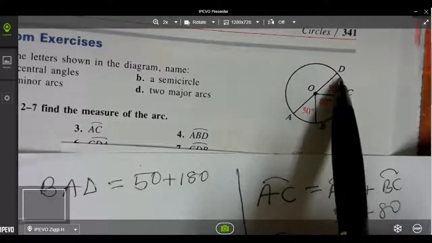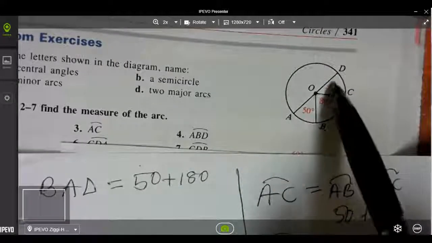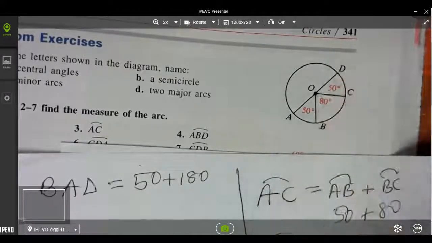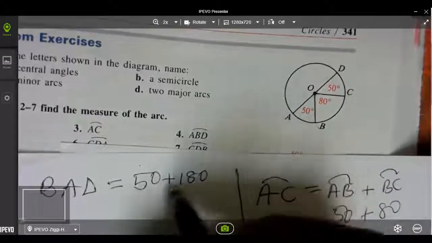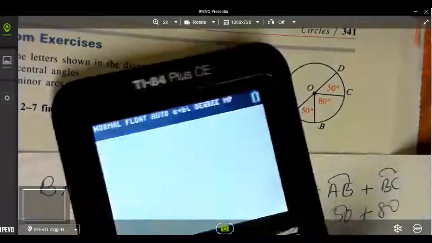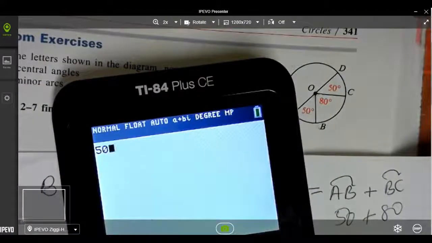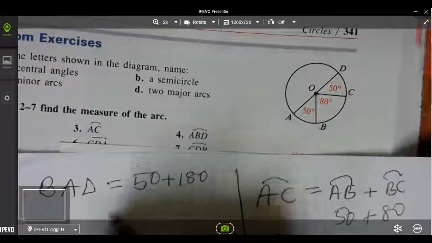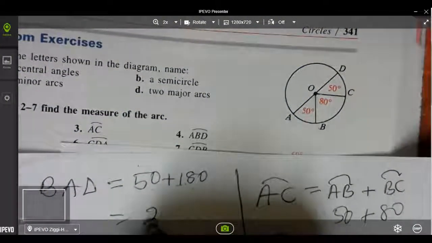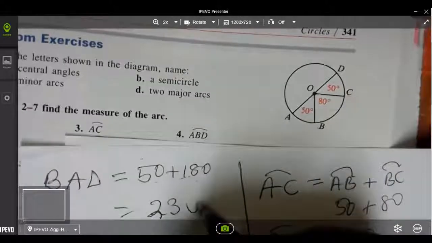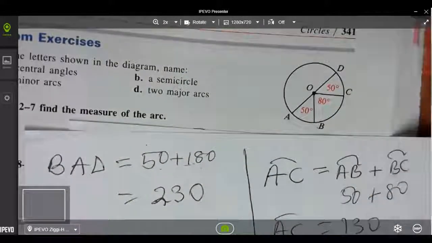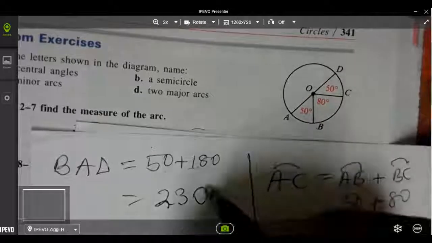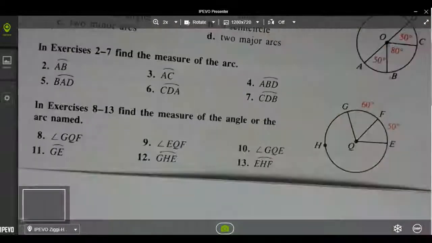So 180 plus 50, which is 50 plus 180, which is 230. So it's going to be 230 degrees.